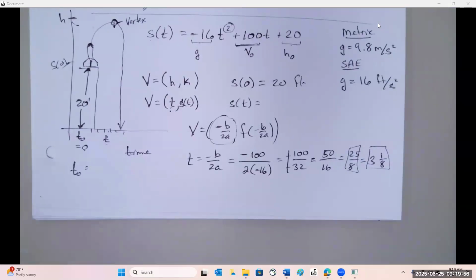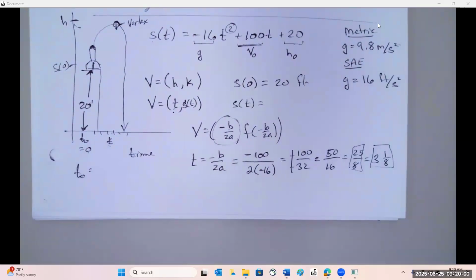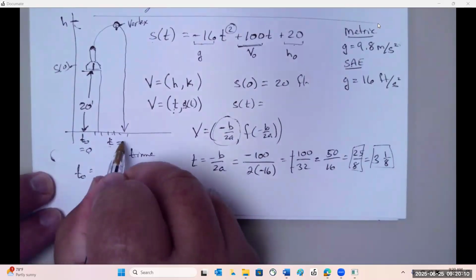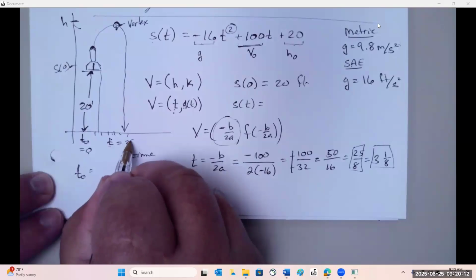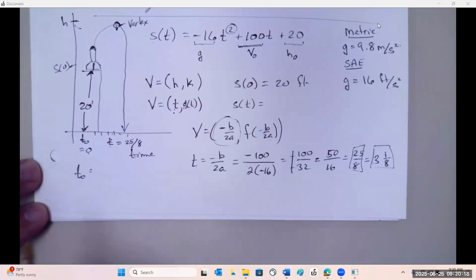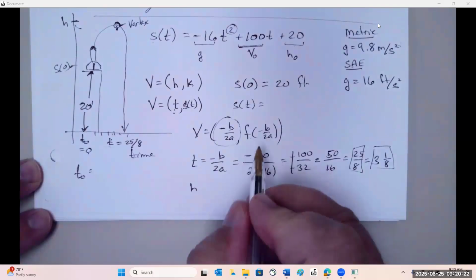How do we know it's seconds? Because our units are per second. So the time factors we're looking at are per second. So that's the time: 25 over 8. So the height, that's the next one.